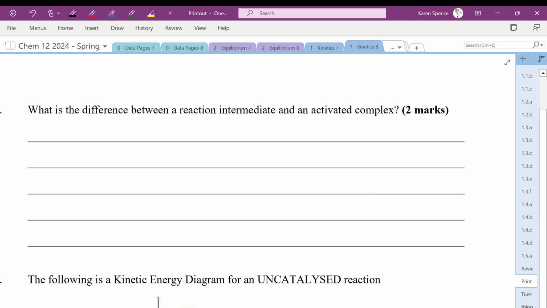Or you could have pointed out the differences between the 2. The reaction intermediate is more stable than the activated complex. The reaction intermediate only appears in reaction mechanisms, whereas activated complex appears in both reaction mechanisms and single step reactions.